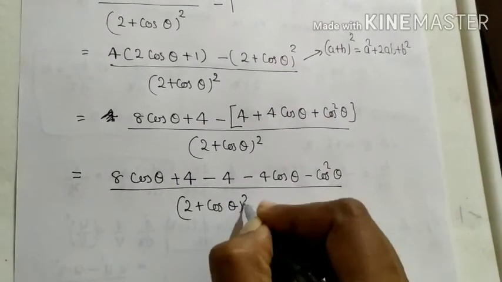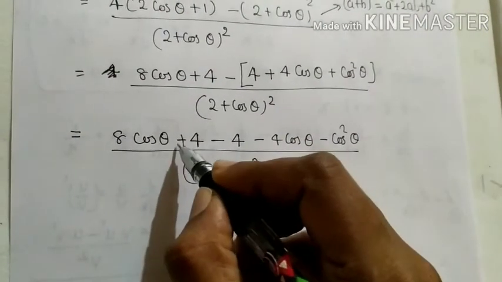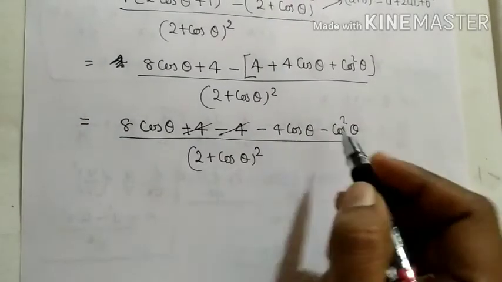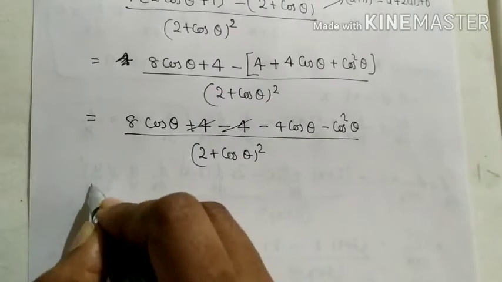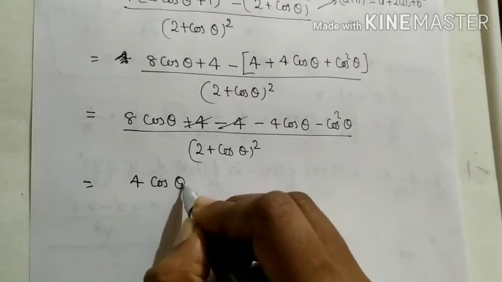And if you observe this quantity, we can see that this plus 4 and minus 4 will cancel each other, and 8 cos theta minus 4 cos theta will become 4 cos theta.